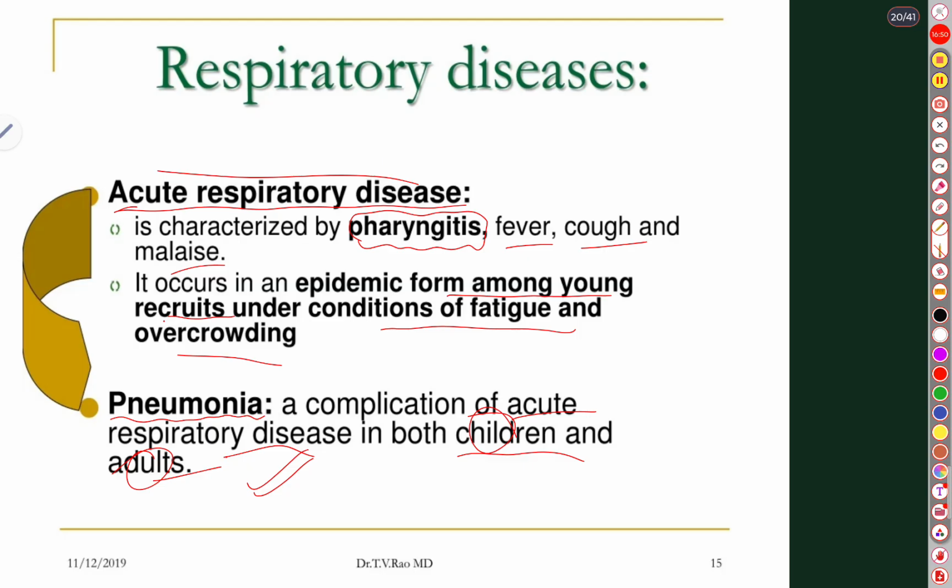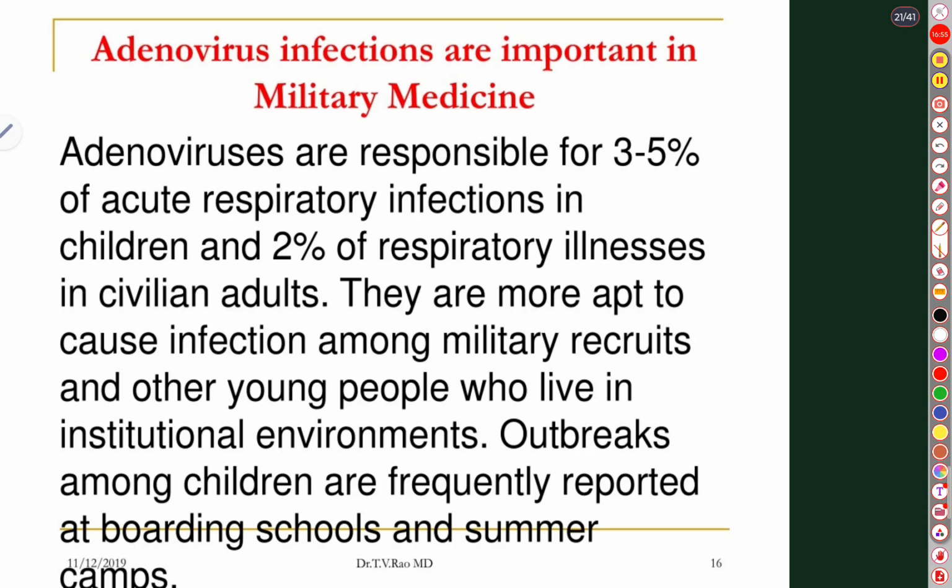Okay, so it's all about the, and then the adenovirus infections are important in military medicine. How? Look, the adenoviruses are responsible for 3 to 5% of acute respiratory infection in the children and about 2% of respiratory illness in the civilian adult.